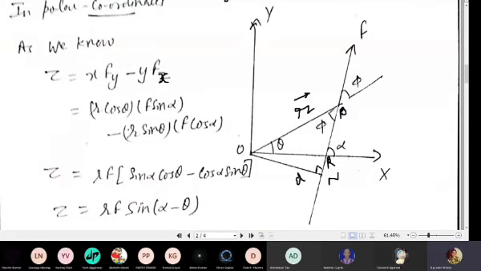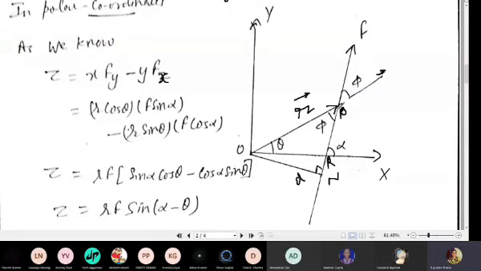So this angle at point P, I am terming it as phi, which is of course the angle between the direction of R, this is your position vector, and the direction of the force. This line, if I extend, this is the direction of the position vector, and this is phi. Phi is the angle between the direction of R and F.